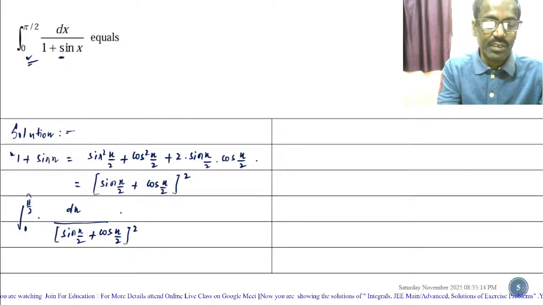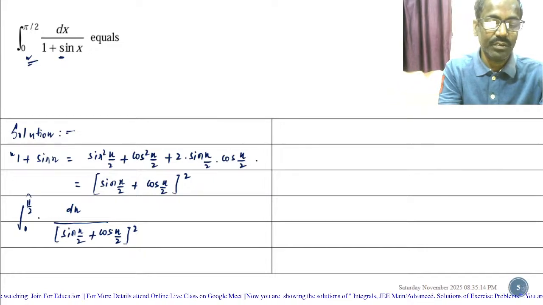Let's divide this and multiply by cos x by 2.